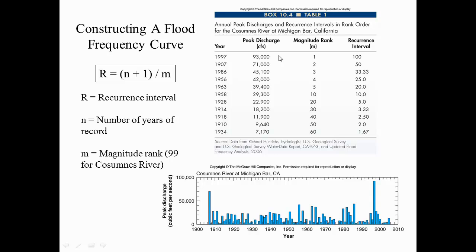What you do is, for a particular river, rank the years in order of discharge, beginning with the year of maximum discharge, in this case 1997, followed by the year with the next highest discharge, and on down the list. And here we just assign magnitude rankings. A number one corresponds to the year of the highest overall discharge. And n is just the number of years in record, and then from there you calculate the recurrence interval.